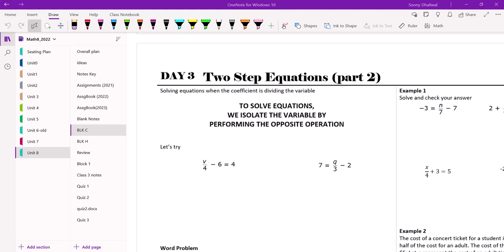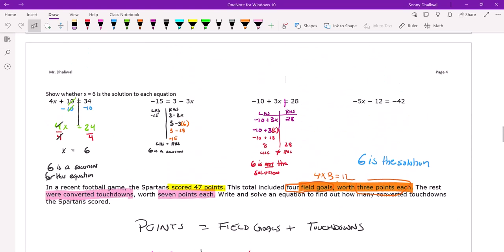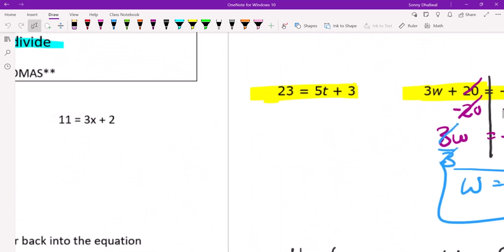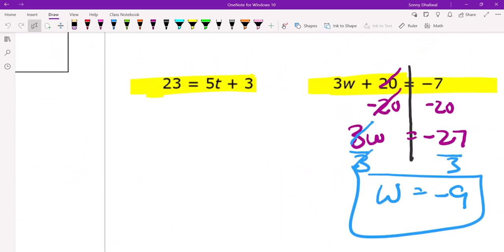Alright, so we're almost done this chapter, right? So today's notes aren't much different than what we have already been doing. If you noticed, last day, every single question was this format: something adding and subtracting, and a number timesing your variable.